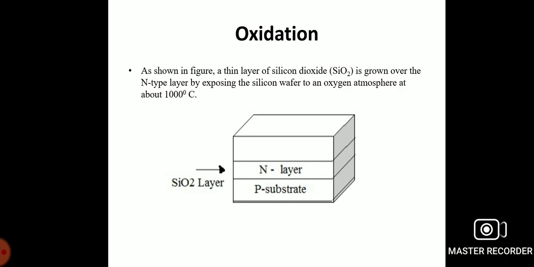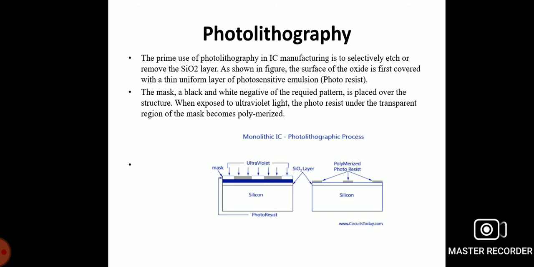Now the next process is photolithography. In the photolithographic process for the silicon dioxide SiO2, to diffuse the impurity into the n-type epitaxial region, the silicon dioxide layer has to be etched in the selected areas. Thus, openings must be made at these areas through the photolithographic process.